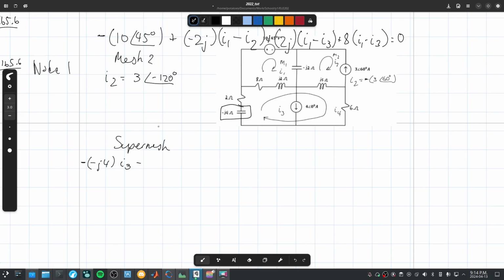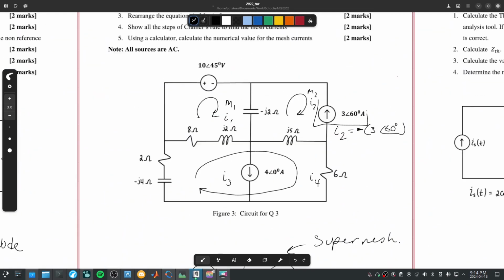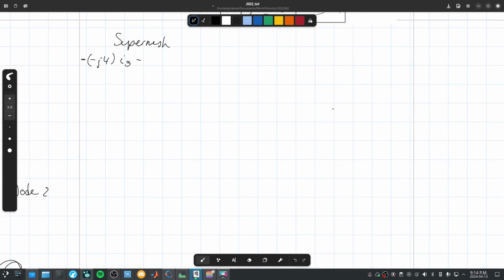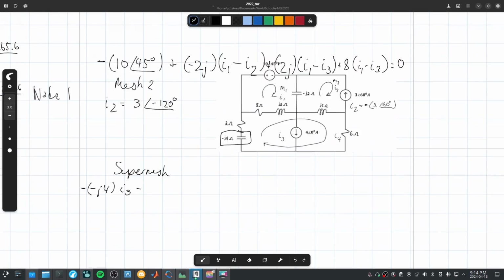Why is I2 just that? Because if you look at the thing here, we have the current source 3 with a phasor of 60. So that means that this current here will always be 3 with a phasor of 60. But I2 goes against that, so it's the negative of that. So, super mesh, negative 4J. Why?